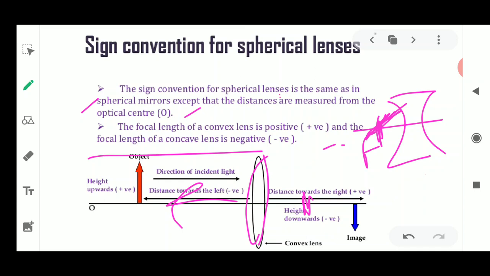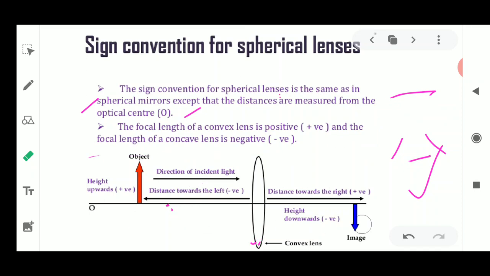That is why it is always taken as negative in the case of the concave lens, but in the case of the convex lens, a positive focus is always taken, because it is present on the right side of the lens, on the principal axis.